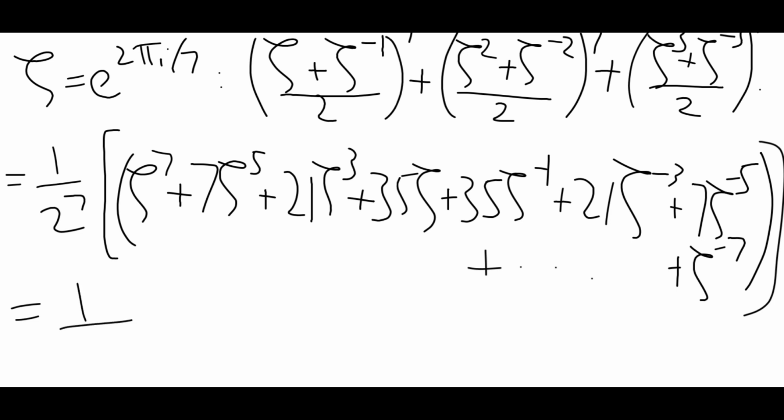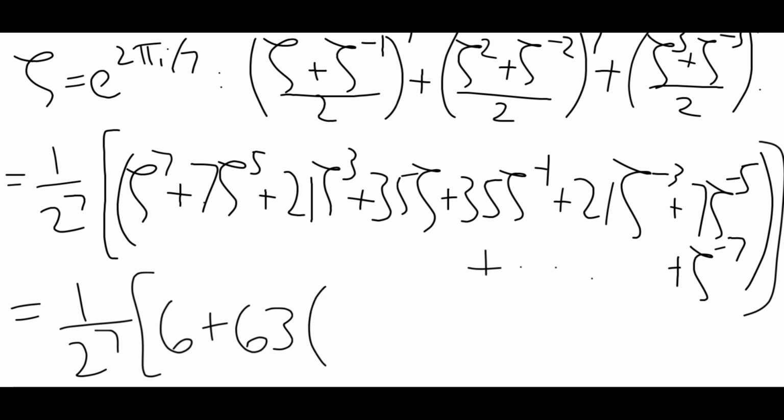So in the end, the zeta to the 7ths and zeta to the minus 7s, I'm going to have 6 1s from those. And then I'm going to have 7 plus 21 plus 35, which is 63, times all the 7th roots of unity except for 1.